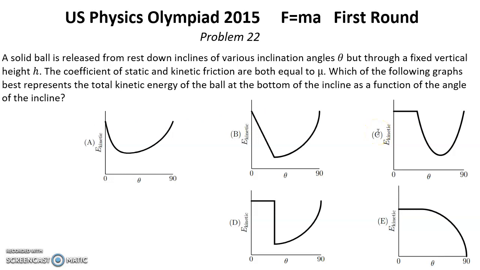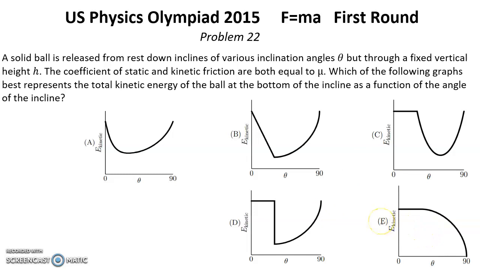Later, when the angle increases almost to 90 degrees, we have very small friction and we are not losing energy at all when the angle goes to 90 degrees. It means that only C and D could be possible solutions, not E.